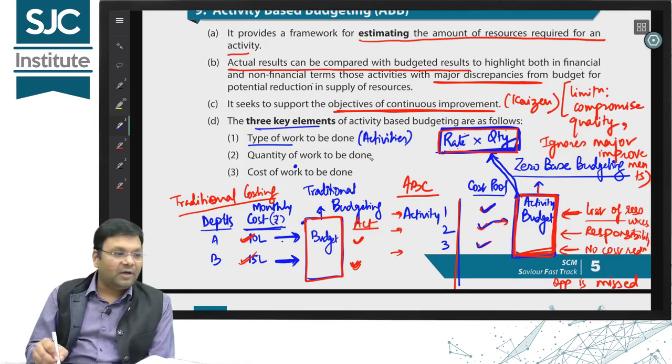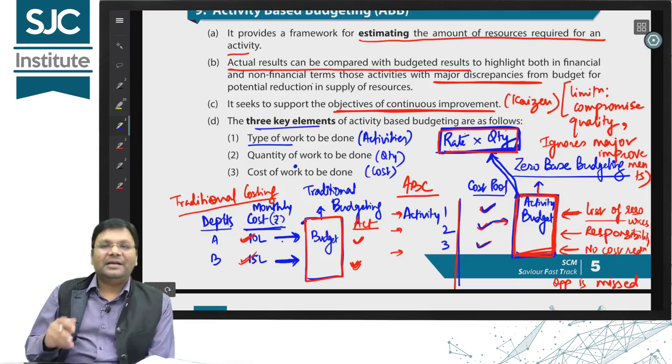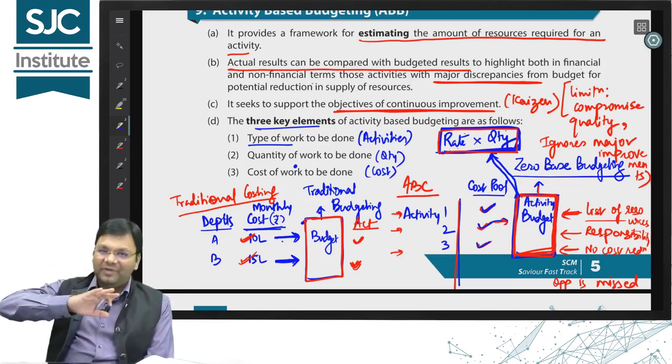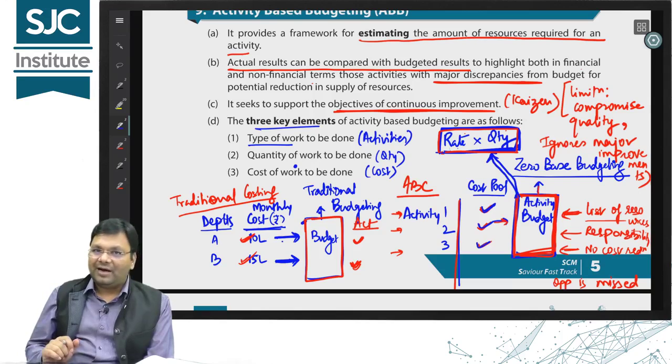And lastly, what will be the cost? So you'll get to know three things: the activity, the quantity of resources required in that activity, and the cost of such resources. These are the three things on which activity based budgeting is based.